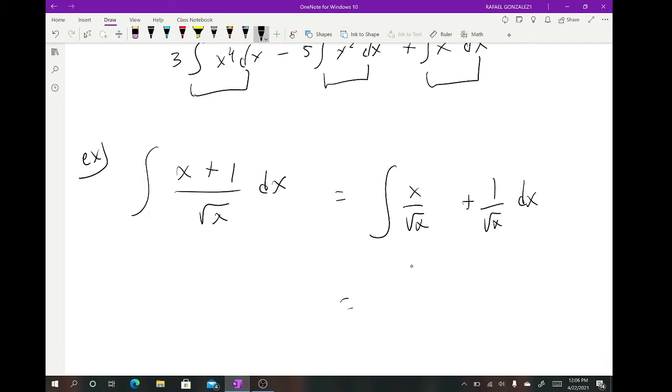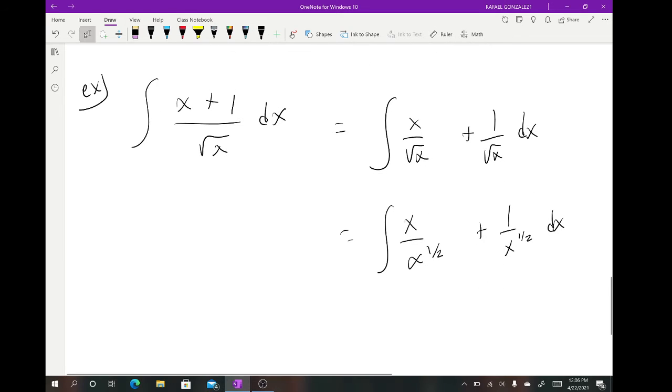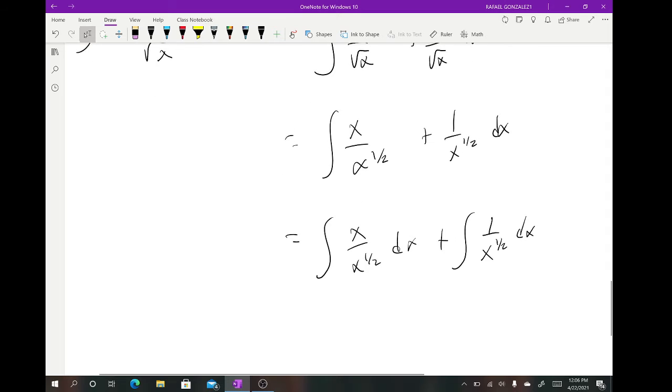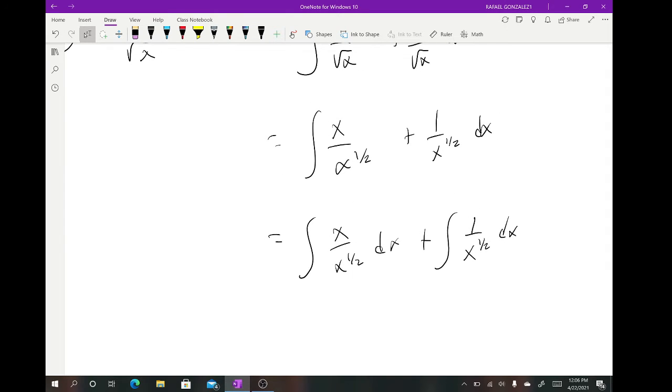You can also rewrite the square roots of x as x to the 1/2 dx. So you could do that. And then what I would like to see you do is to split the integral up so you could work on them independently. So now we're working with two integrals, we're looking for two antiderivatives that when we sum them up will give us the antiderivative for the full integrand that we began with.